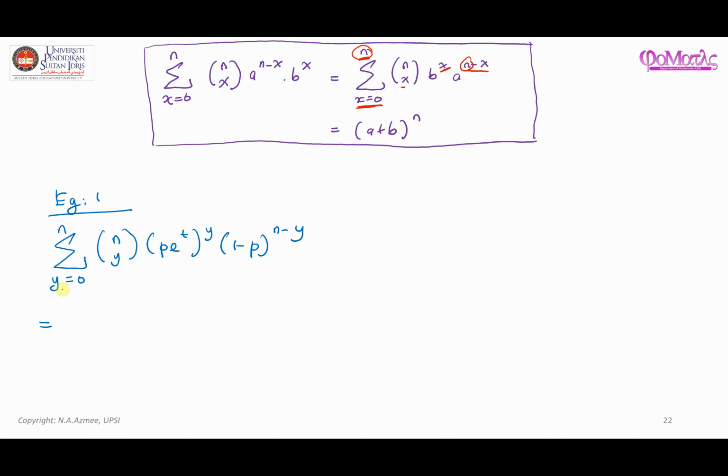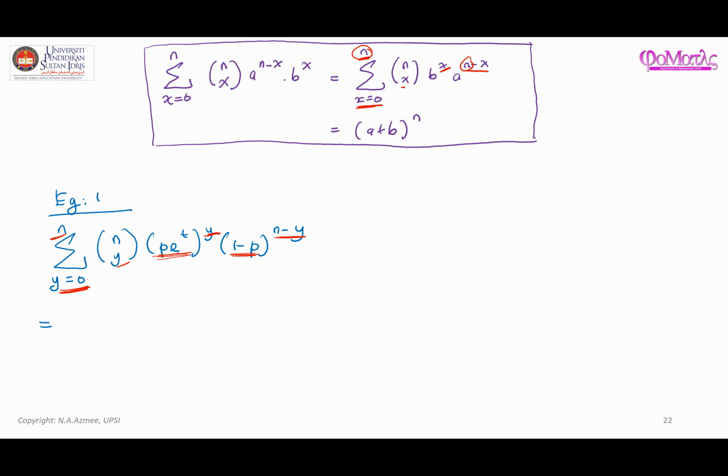So again, here we have y equals 0 until n. Over here we have n minus y and y. Therefore you should recognize that this has the same form as this one here. The difference is in b and a, so you can think of it as b and this is a.